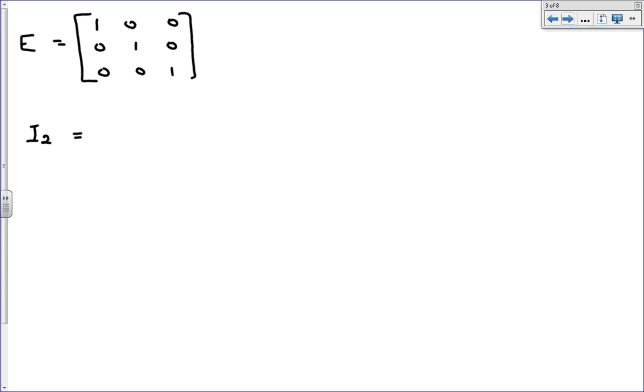Matrix E here is a special kind of diagonal matrix where the diagonal is filled in with ones. It's called the identity matrix. And this happens to be the I3, which means it's a 3 by 3 identity matrix.